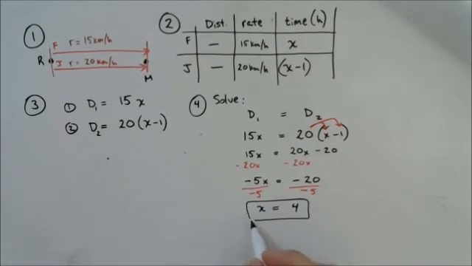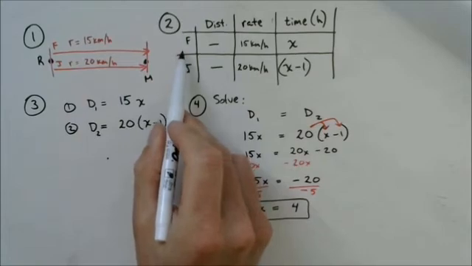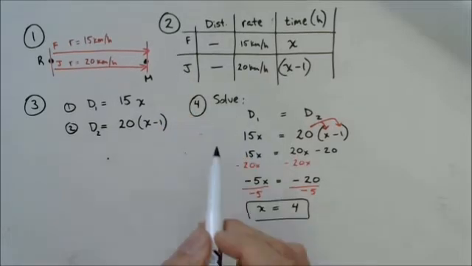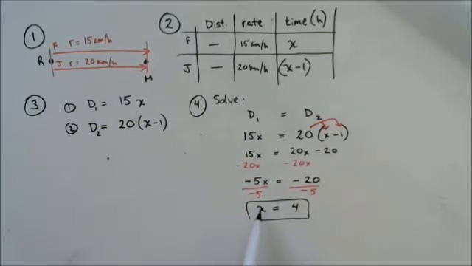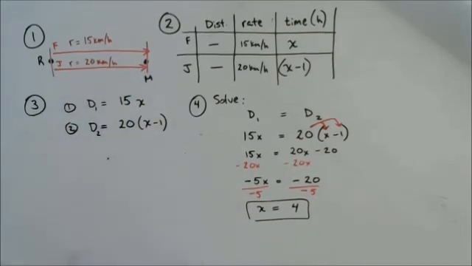Now let's go back and remember, what did x represent? x was the time that Frank was traveling. Okay? So the time that Frank is traveling is 4 hours. How long did it take? The question we need to answer is, how long did it take Jesse to catch up with Frank? They traveled the same distance. Jesse left an hour later.